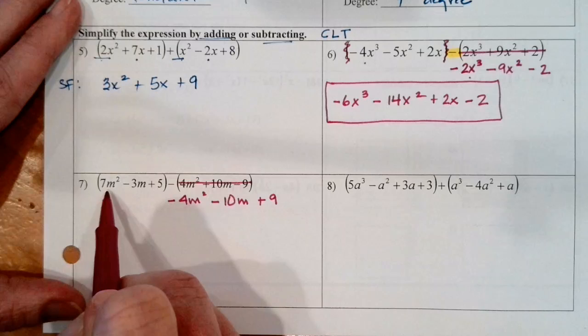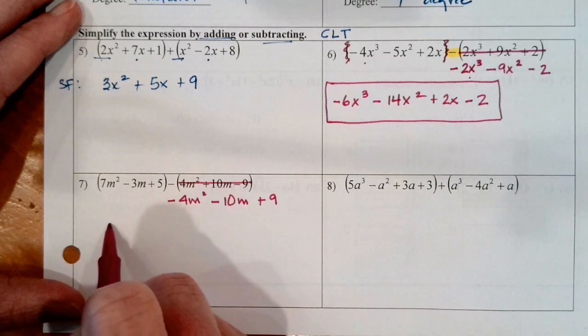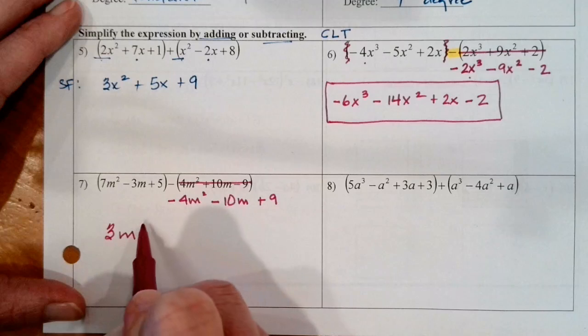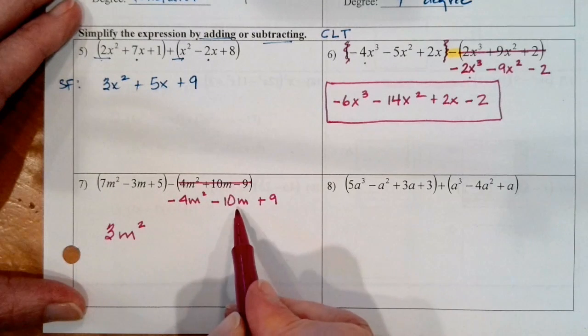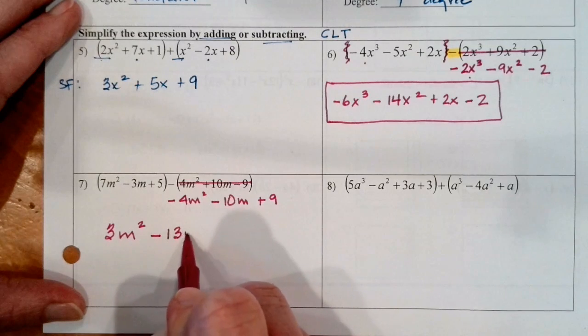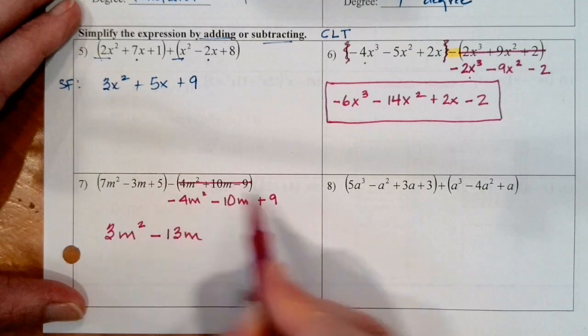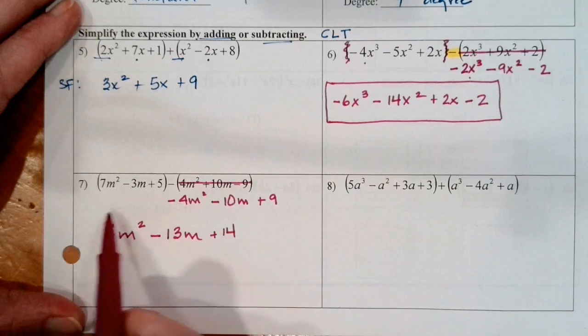So if I have 7m squareds and I'm losing 4m squareds, that's going to give me 3m squareds. Losing 3m's, losing 10m's means I'm losing 13m's. Adding 5, adding 9 means I'm adding 14.